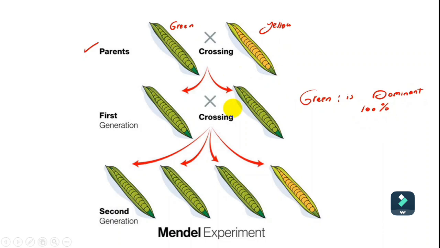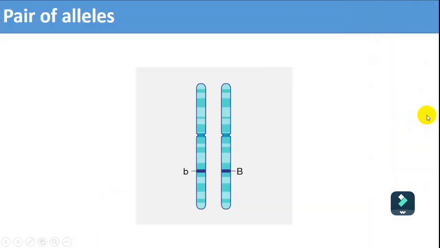But we have traces of it that still exist, and it will appear in the second generation. So in the second generation, or F2, three fourths will be green and only one fourth will be yellow. So it will be 3 to 1, 3 dominant and 1 recessive. This means that the recessive trait reappeared in the second generation by 25%.